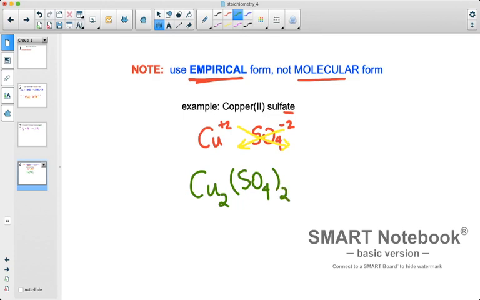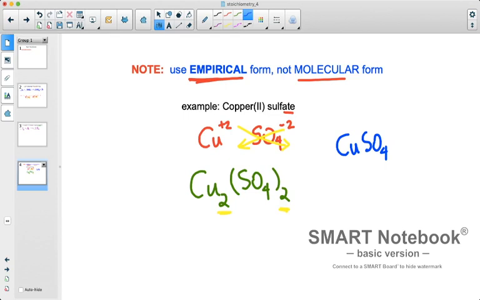Now, this is the molecular form, because this subscript of 2 here and that subscript of 2 there can be simplified even more. So my true formula for copper 2 sulfate really happens to be CuSO4. And remember, I have to keep the 4 in SO4 because polyatomic ions, we don't change their subscripts. They're given and they have to stay that way.